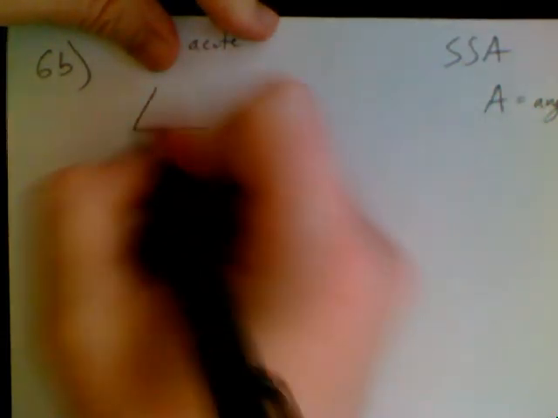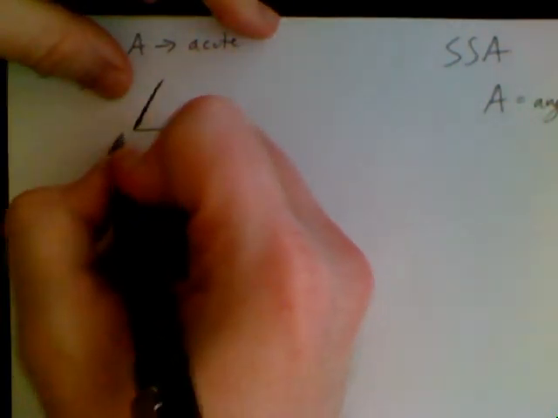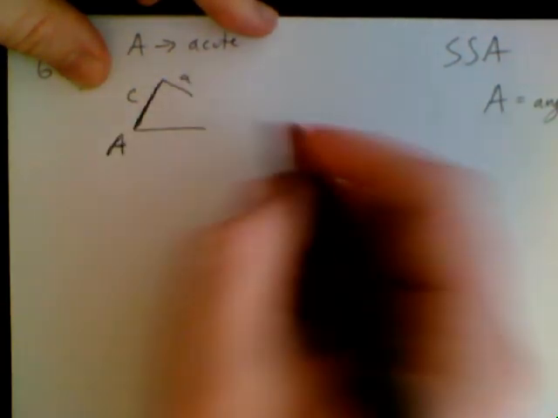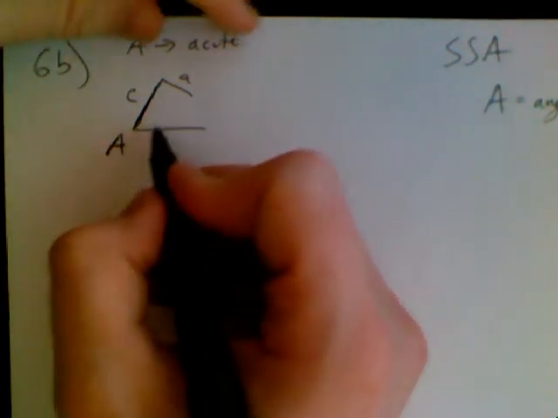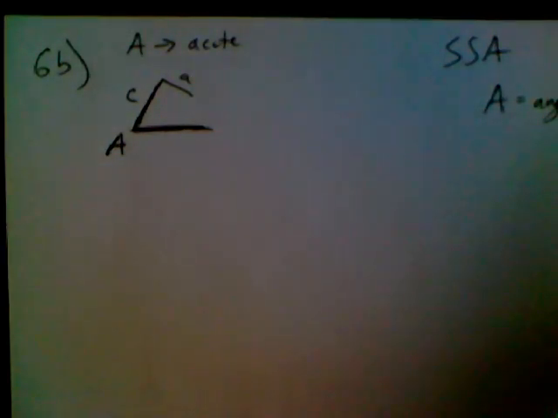Let's create an acute angle A. Now mind you, I'm given A, C, and a little a up here. This side is not really determined. I need to hold on to the concept that I have no idea what this side is going to be.